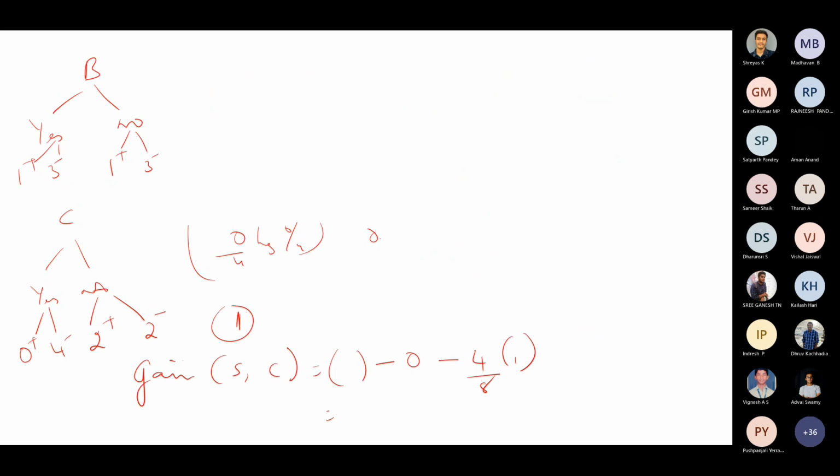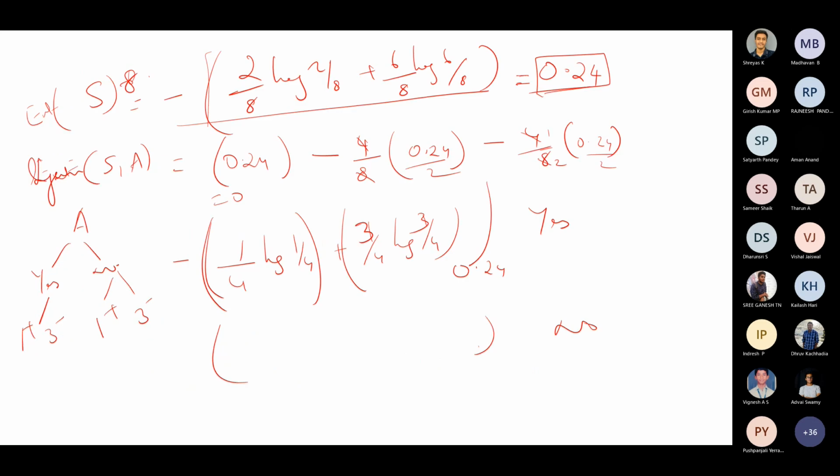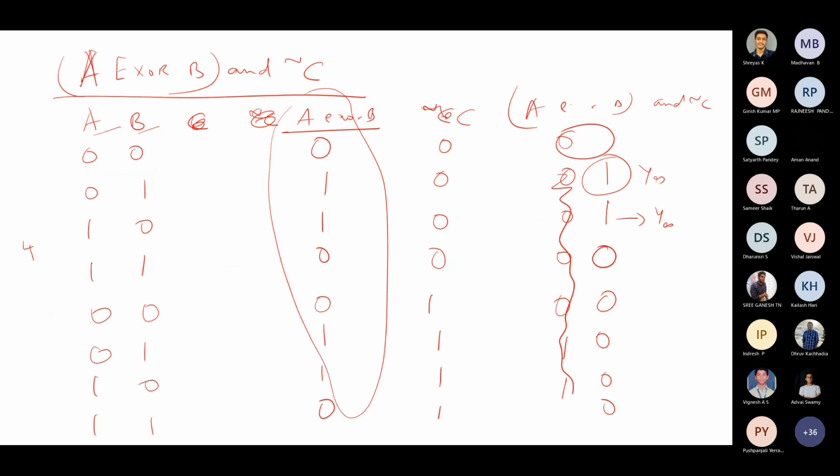Okay. So is the case with B. And what about C? C will be negative. So your maximum scenario will be with A or B, which is 0.